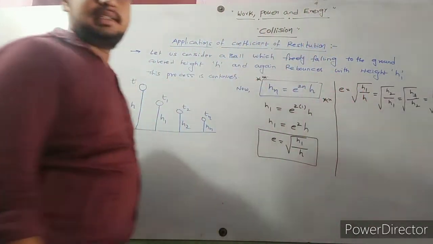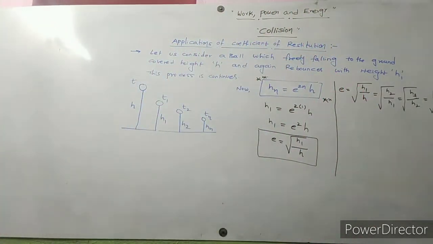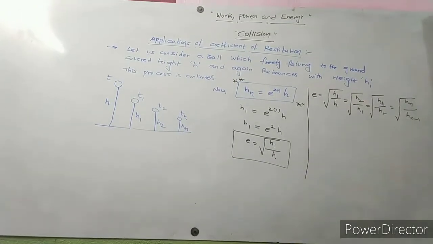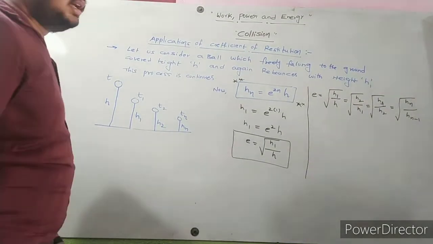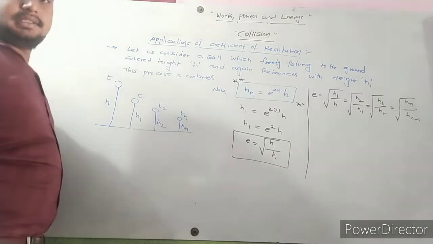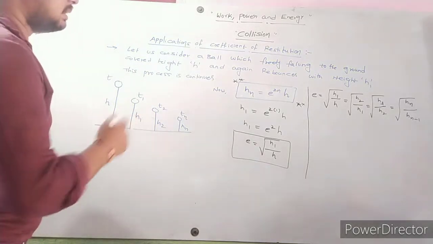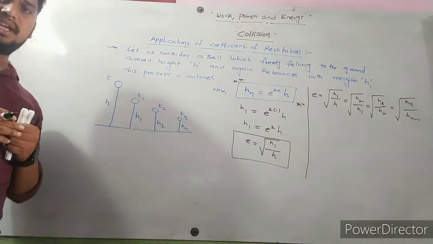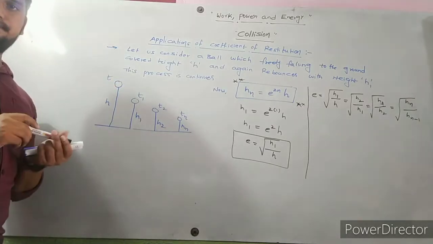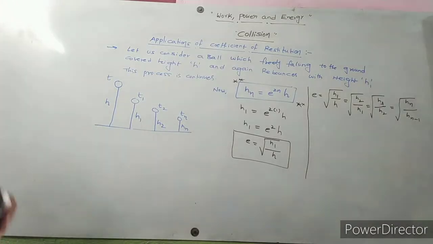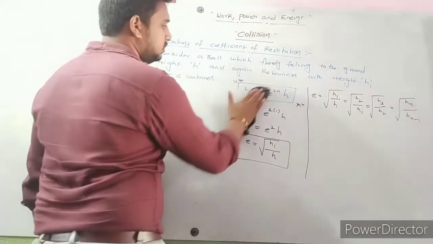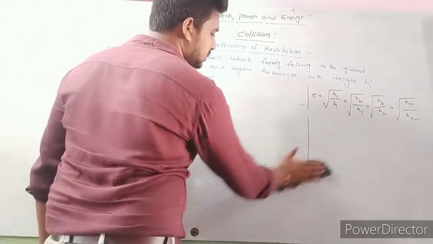Okay, so like this it is going to be continuous. So this is about height and coefficient of restitution relation. Now the velocity and coefficient of restitution relation.